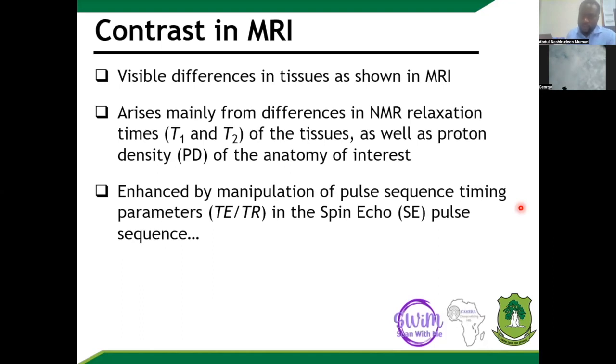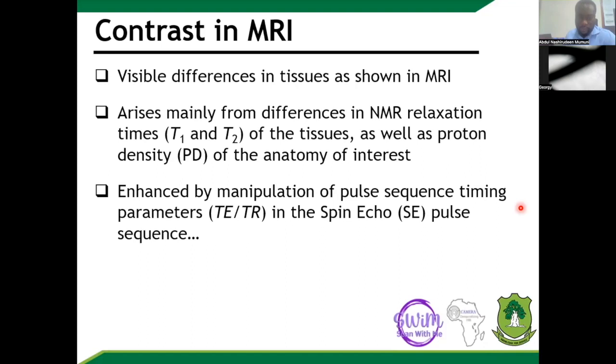Then also, within the anatomy of interest, the amount of protons there, that's the hydrogen nuclei, will also give rise to the signal strength. And later I'll mention T2 star. T2 star is where there's a slight change in the homogeneity of the static field strength, maybe due to the presence of an edema or tumor, or something that is of interest, which is not of normal anatomy.